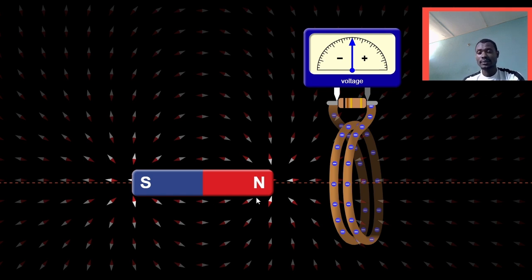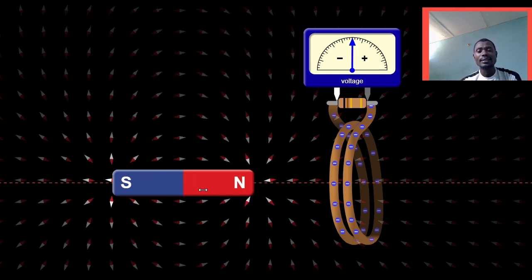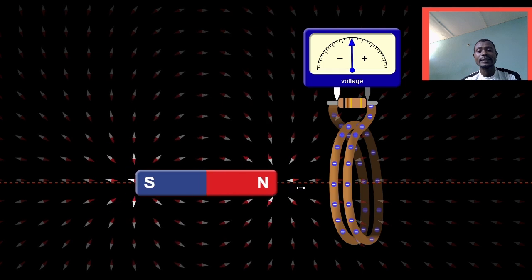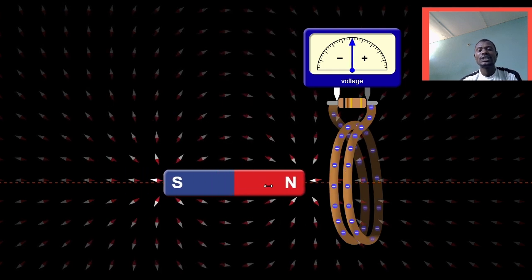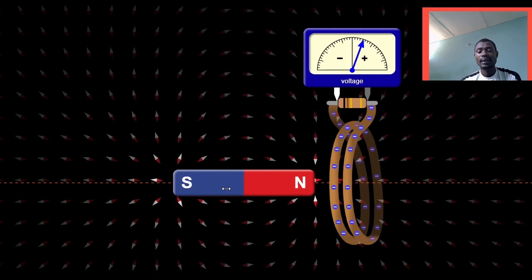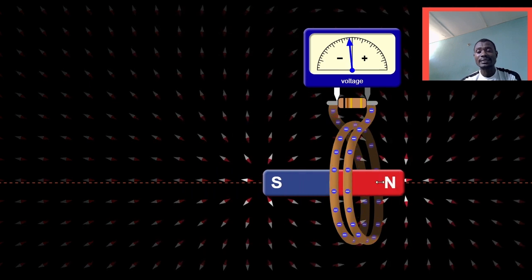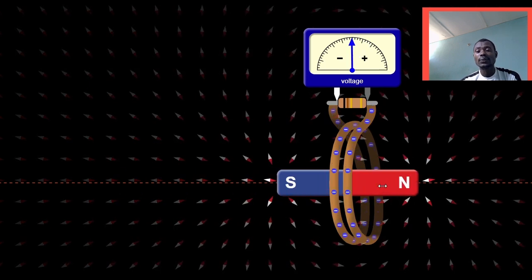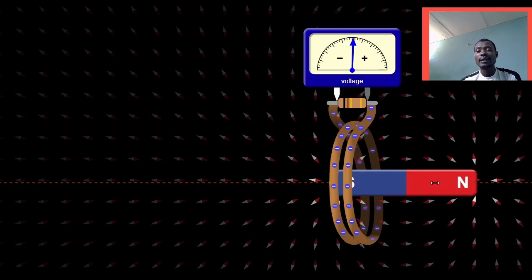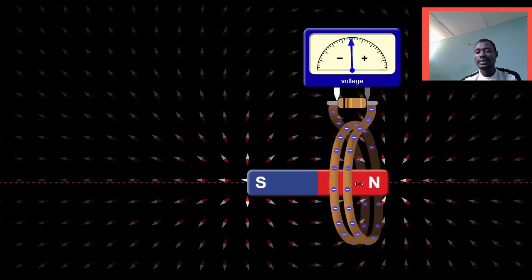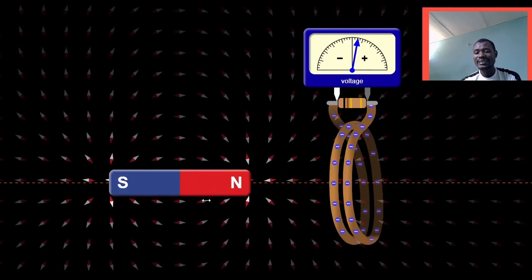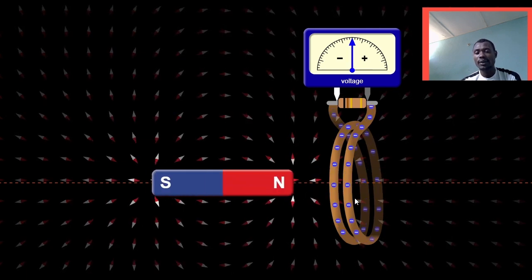As the bar magnet moves, this causes a change in magnetic flux, which in turn produces induced currents inside the coil.